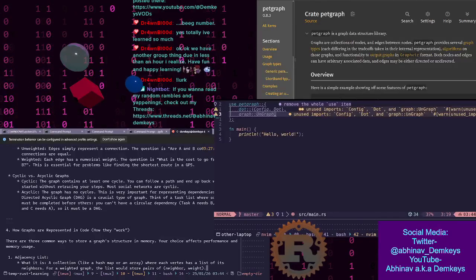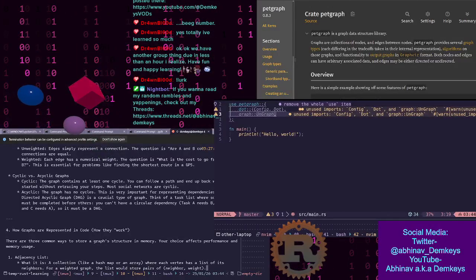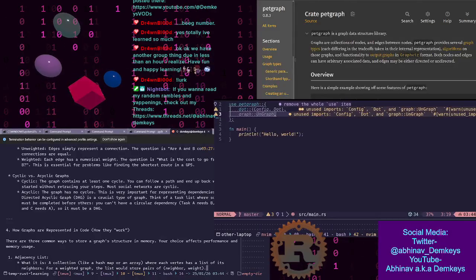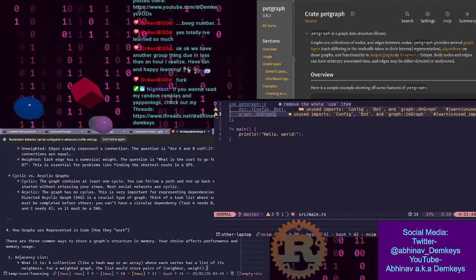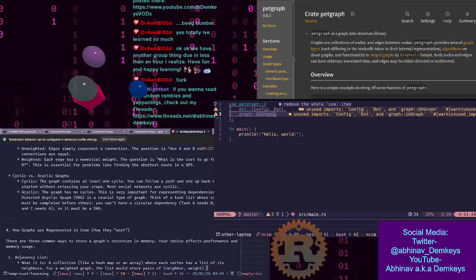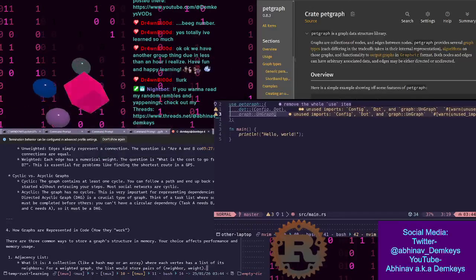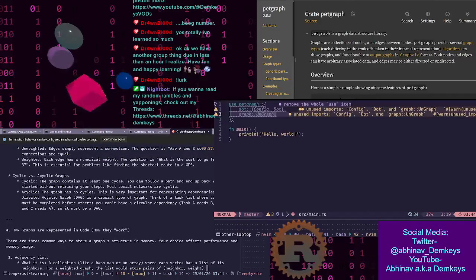This is very important for representing dependencies.